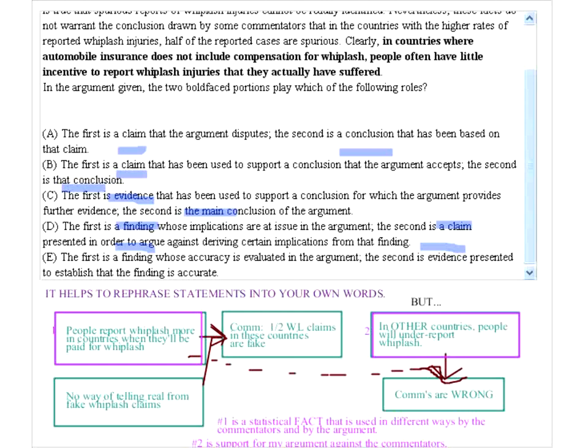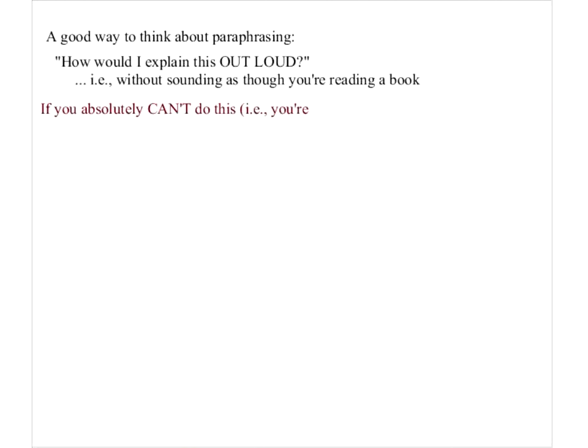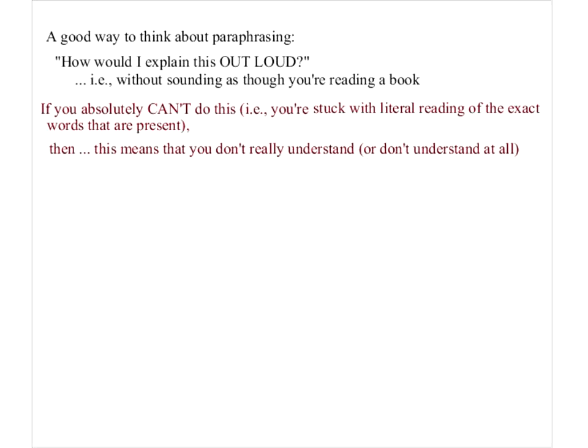If you absolutely can't do this, i.e. you're stuck with a literal reading of the exact words that are there, then you've got to be honest with yourself. This means that you don't really understand, or don't understand at all, what the passage is saying.